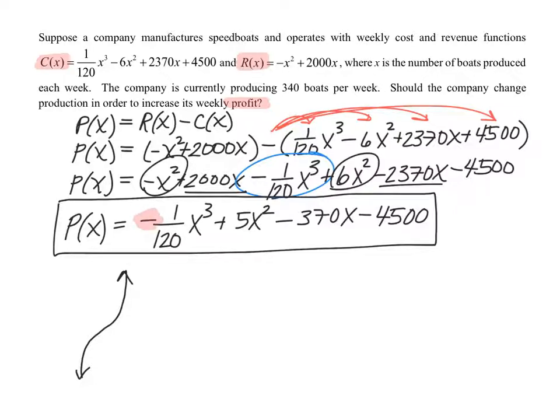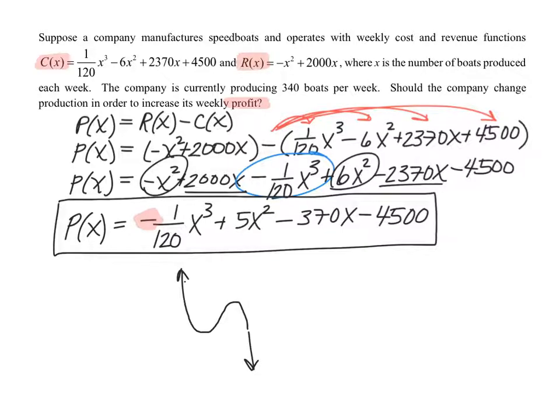So that tells us that our cubic is actually going to rise on the left and fall on the right. Now, it is probably going to have a minimum and a maximum. So when we go to the graphing calculator in just a second and graph this curve, we're expecting a shape something like this.